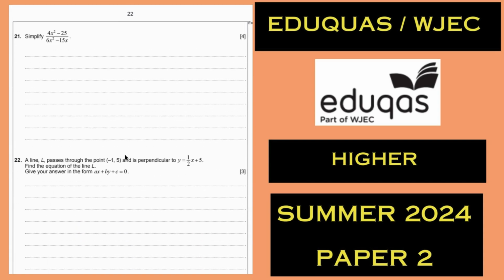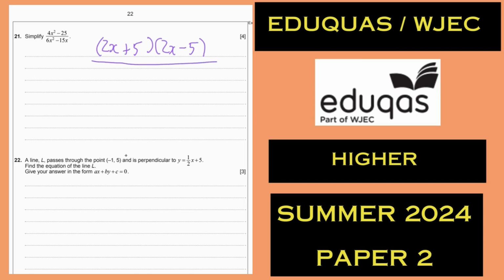Number 21. To simplify these, it's always the case that you factorise them and stuff cancels. The numerator is our old friend, difference of 2 squares. Everything, the 4, the x squared, and the 25, they're all square numbers. So it's 2x and 2x plus 5 and minus 5 on top.